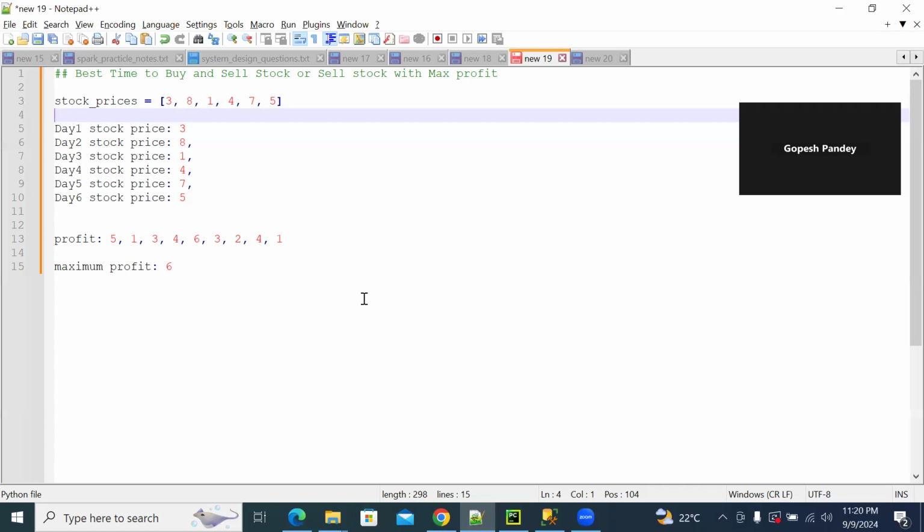And before we write the code, we will try to write the algorithm so that you understand two things very clearly. One, the problem statement, and second, the algorithm along with the working solution.